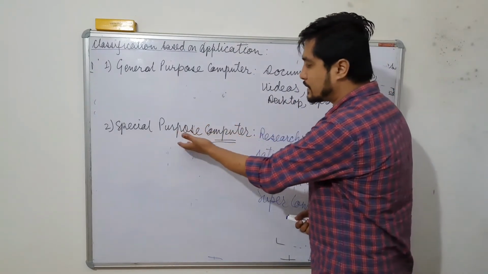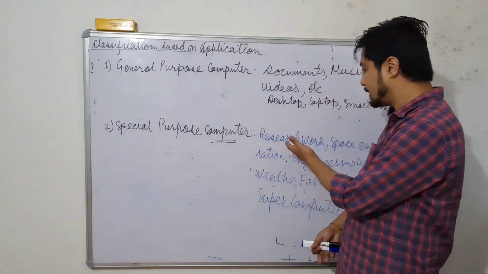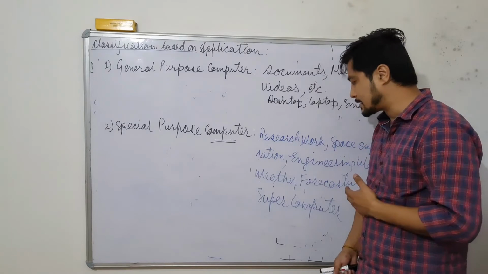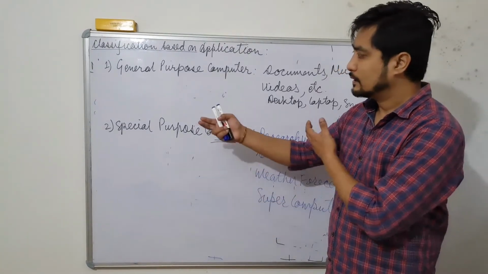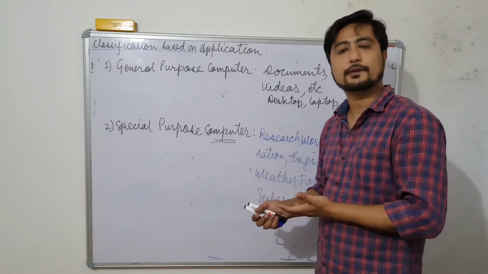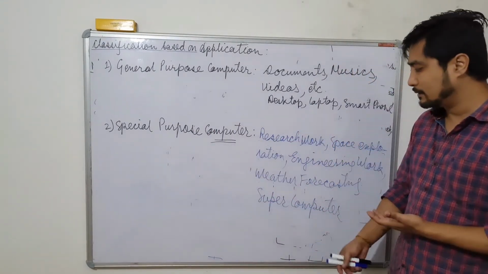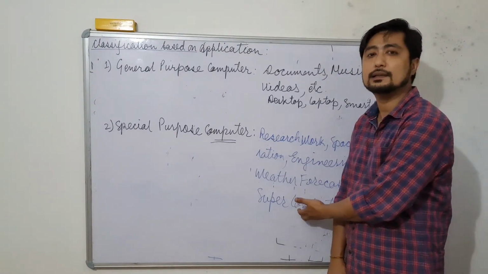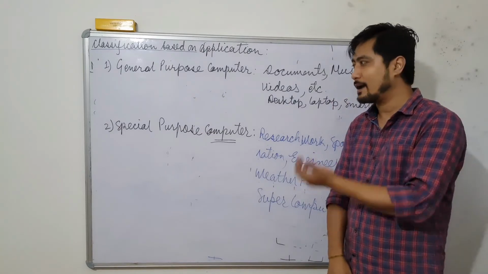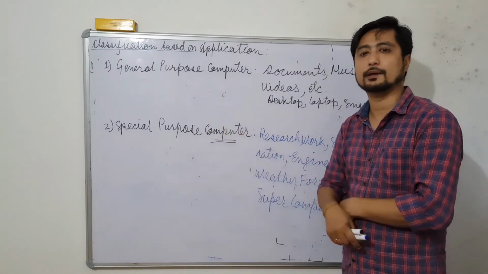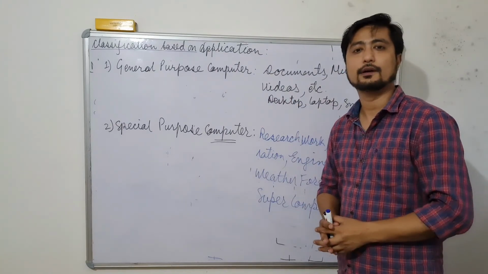And the next one is special purpose computer, the computer which is used for special purposes like research work, space exploration, engineering works, weather forecasting. The example of special purpose computer is a supercomputer, and we can say even hybrid computer is a special purpose computer. So this much in our classification of computers.